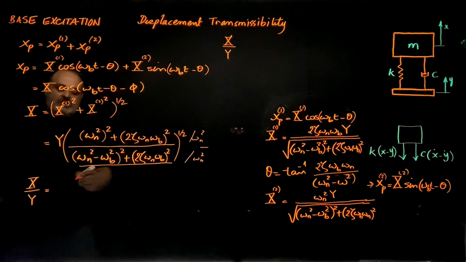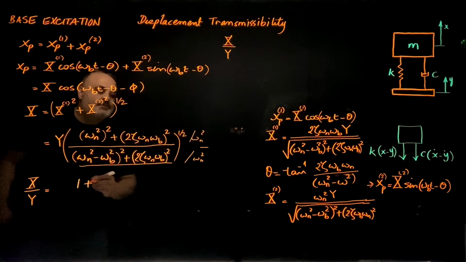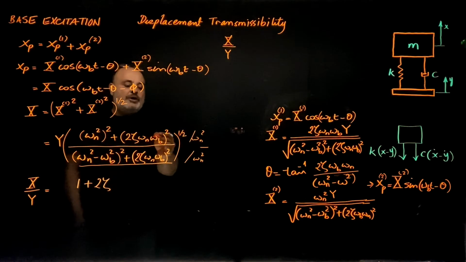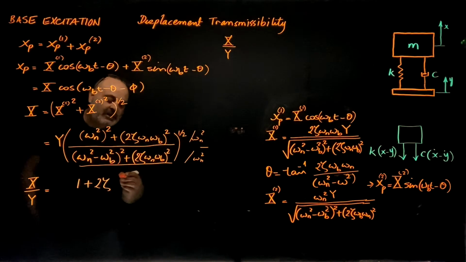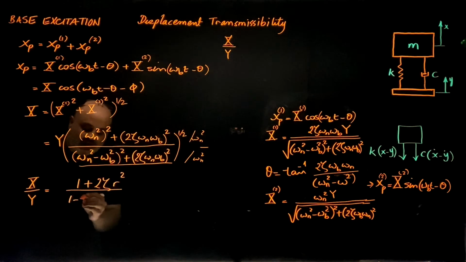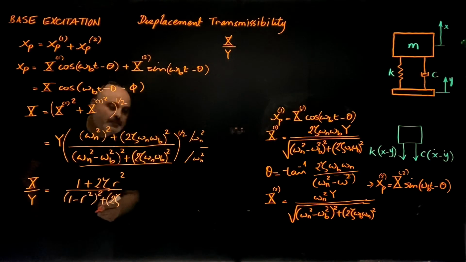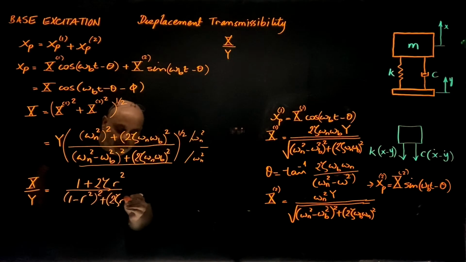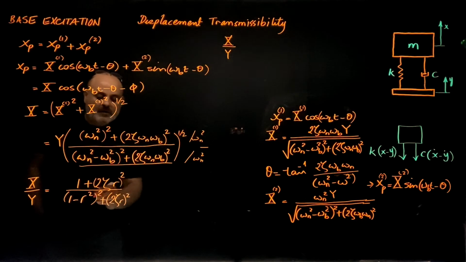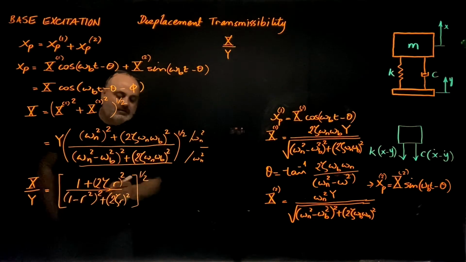okay? That will lead to, right here, 1 plus 2 zeta r, where omega b squared divided by omega n squared is r squared, divided by 1 minus r squared, all squared, plus 2 zeta r all squared, and all of this under the square root.